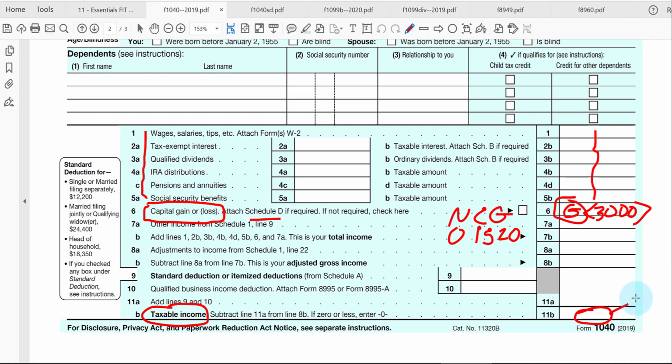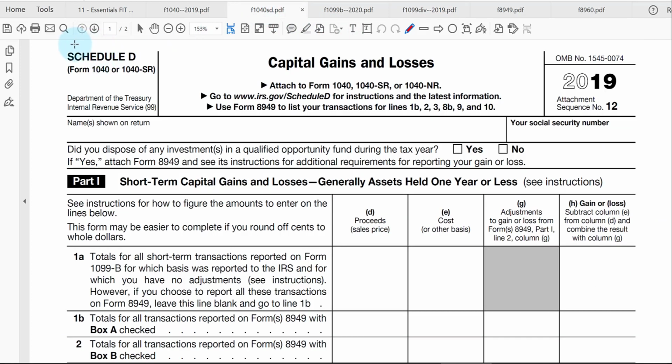So we'll see where that calculation is done on the tax forms, on the tax return. But let's go back to this Schedule D where we're going to plug in just one figure over here in line 6. So here's our Schedule D that's going to be attached to your 1040 form.